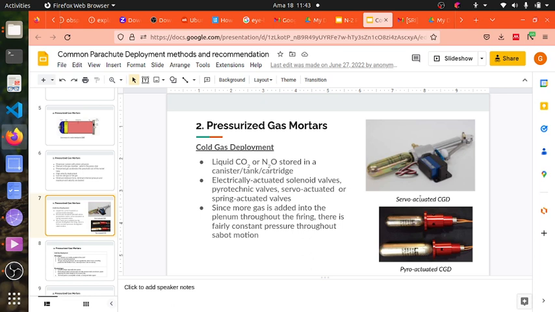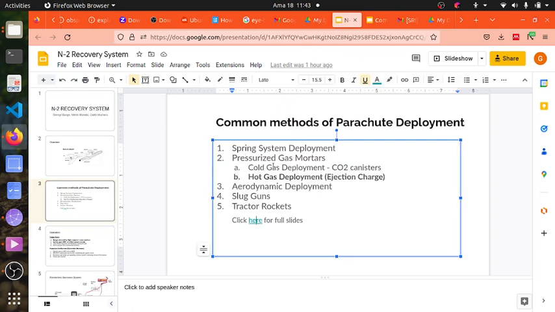It can be servo actuated or pyro actuated. Actuation is the mechanism in which you release the gas from this canister. This is the canister, so that is the mechanical part of it. You can actuate it using a servo or pyro. So this is also another used method of parachute ejection.